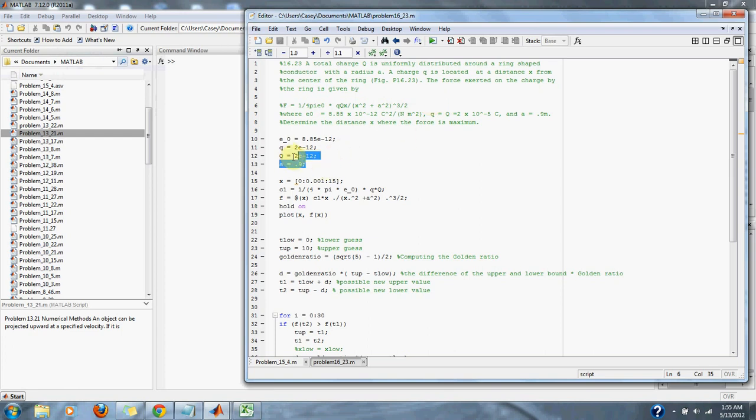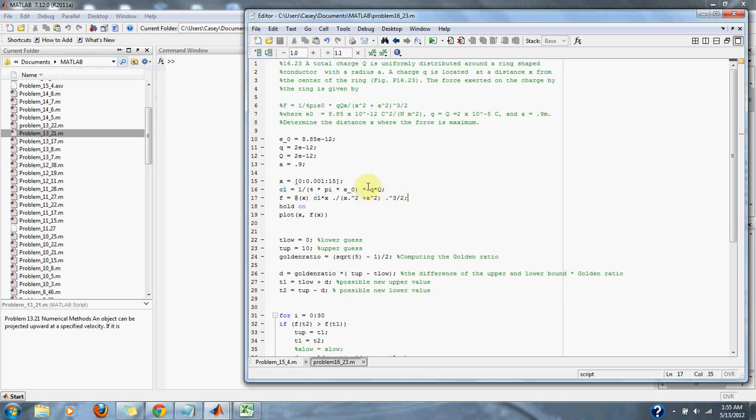So here are the variables given to us by the equation. Here's a range for x, so we can plot the equation. Here is the constant part of our equation, and then we substitute our constant part into the rest of the equation here.